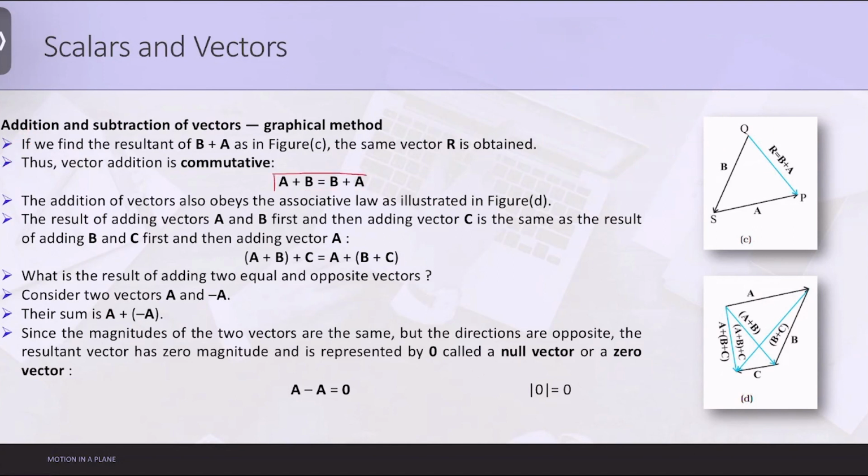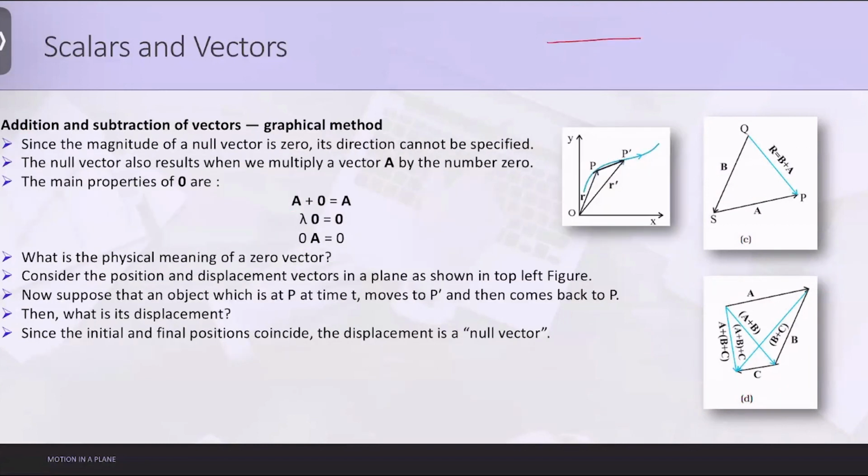The next line says, please refer to the third line here, the addition of vectors also obeys the associative law, as illustrated in figure D. So now let us try to understand the associative law. In algebraic expressions also we know that A plus B plus C is the same however we group them. We can understand the same thing with vector addition also.